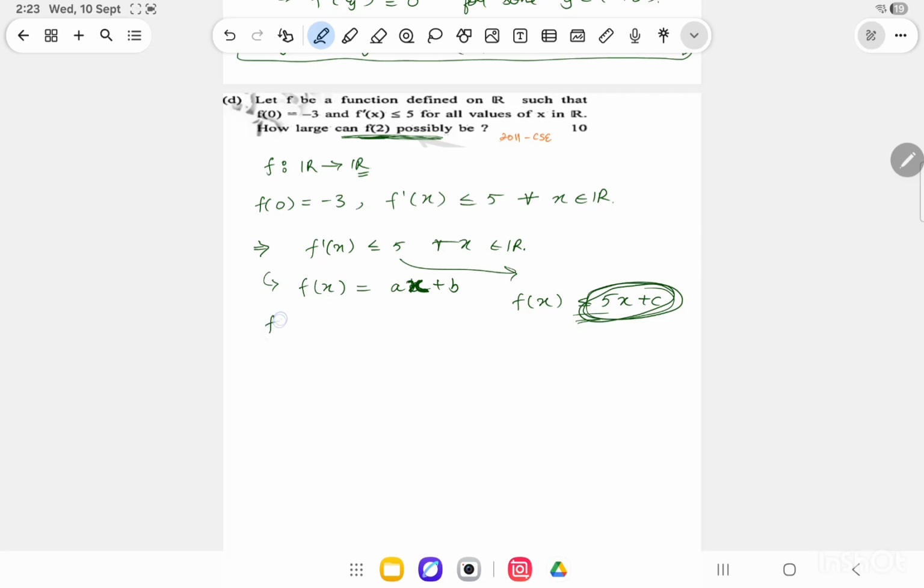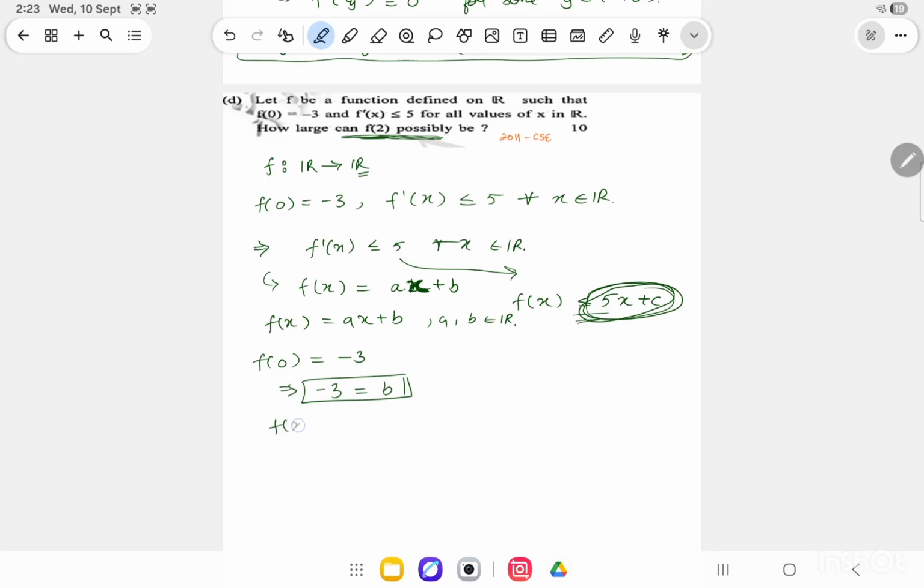So let us assume that f(x) is ax plus b, where a, b are again real. In the question it is given that f of 0 is equal to minus 3. So from here I got minus 3 is equal to b.